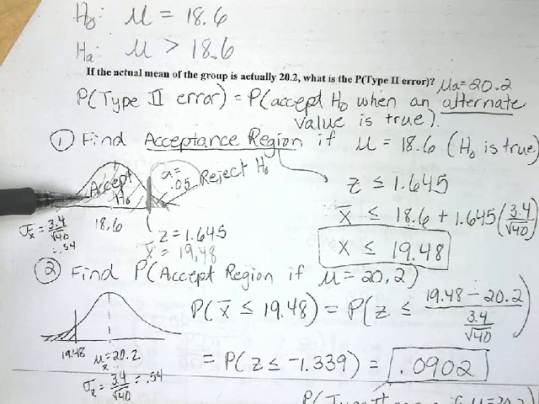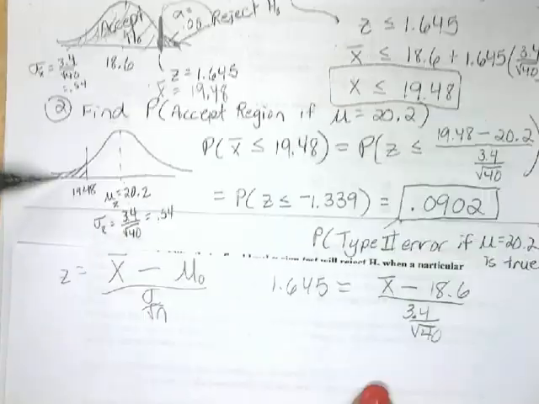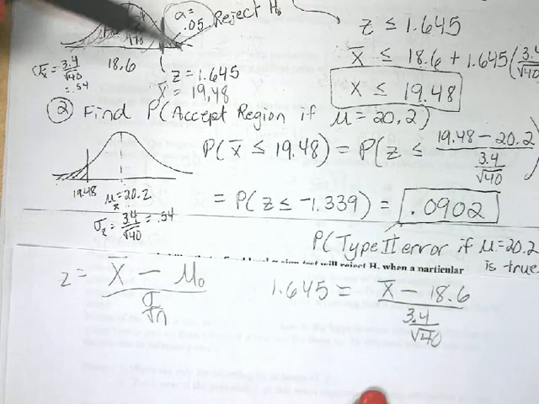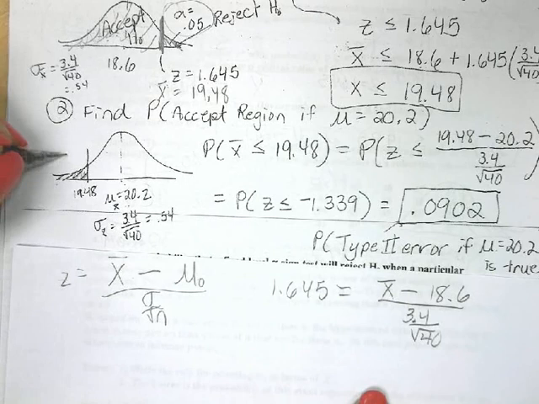So here was our original picture. We find our acceptance zone, what would cause us to accept the null, and then we find the likelihood of that in our other picture. And so I need to find, and I took the 19.48 and plopped that zone. That's my acceptance zone, which I sometimes just call an AZ.